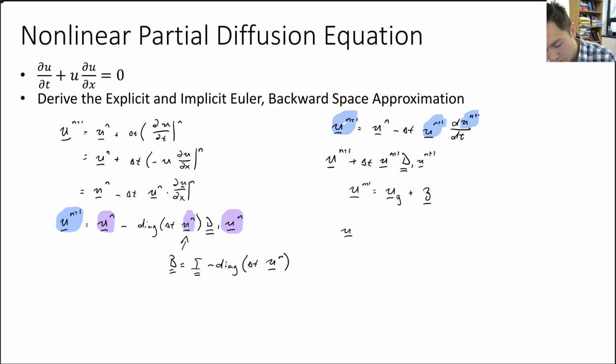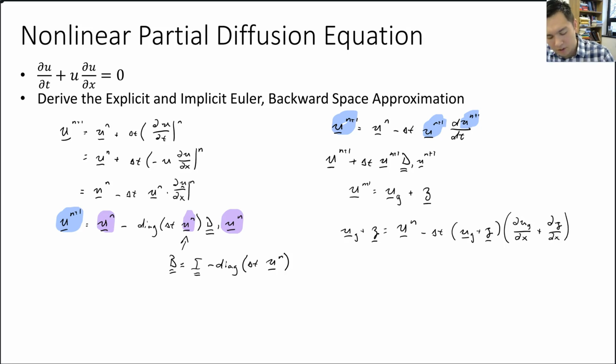So that's going to give me ug plus my correction is equal to u^n minus delta t times ug plus my correction times dug dx plus my derivative of my correction term dx. Can expand that out and get the following.